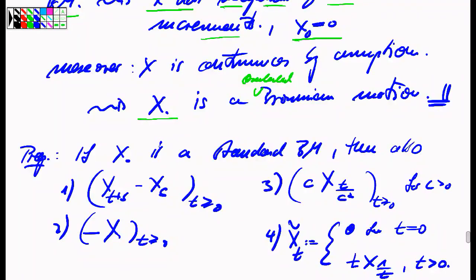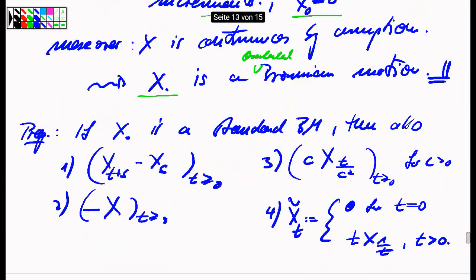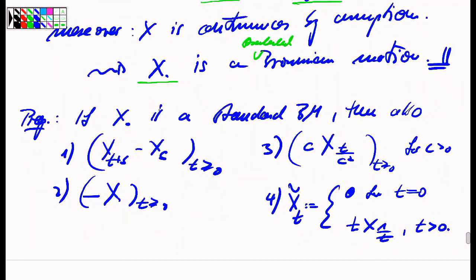We finally come to the last result of this lecture, which deals with certain transformations of Brownian motion and which give back Brownian motion. So the statement is as follows: if x is a Brownian motion, then also the following four processes.